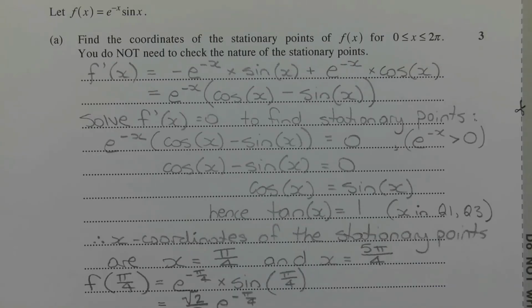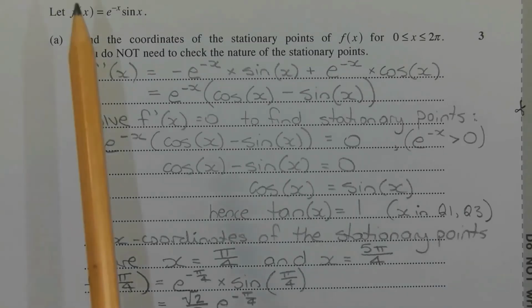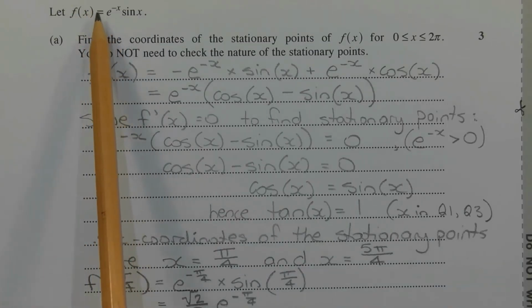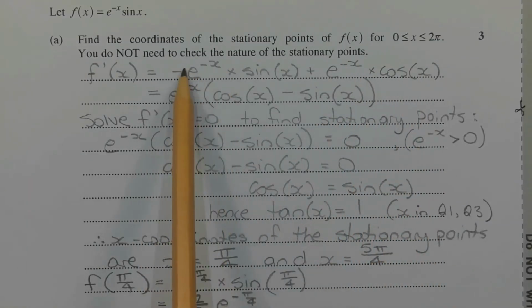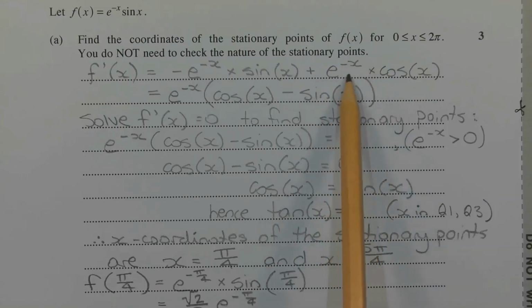And the product rule is f dash of x is equal to u dash v plus u v dash, where u is equal to e to the power of negative x and v is equal to sine of x. So applying the product rule, we get f dash of x is equal to negative e to the power of negative x times sine of x plus e to the power of negative x times cos of x. So that's u dash v plus u v dash.